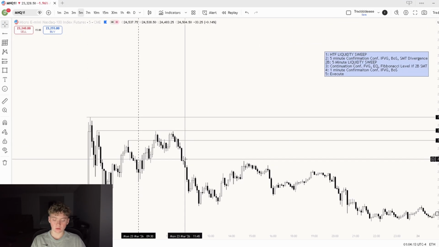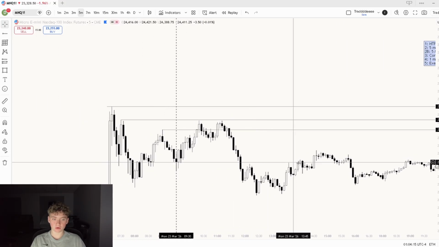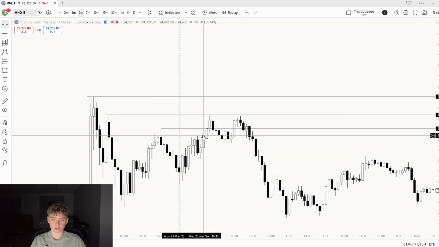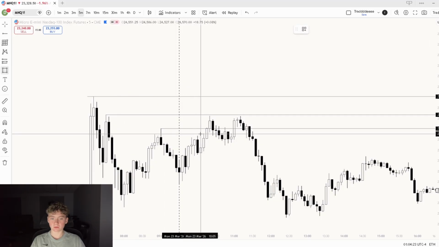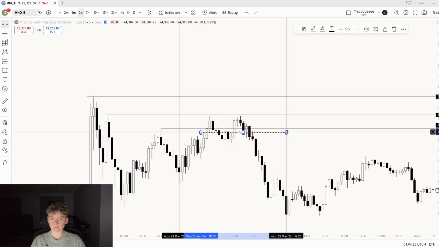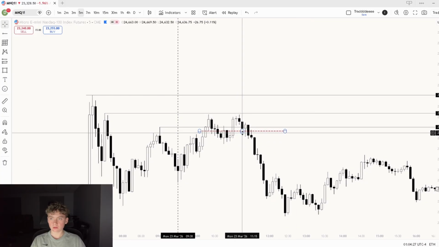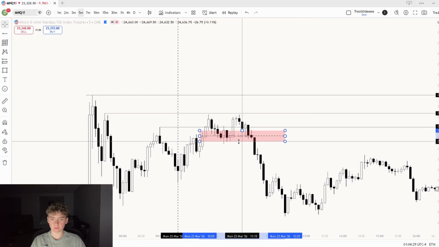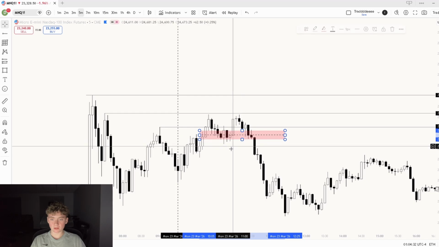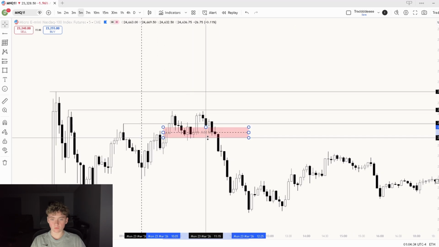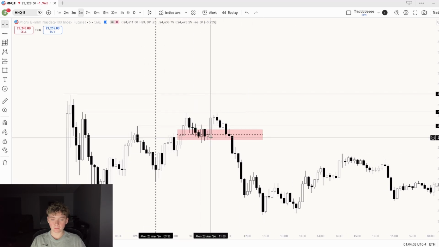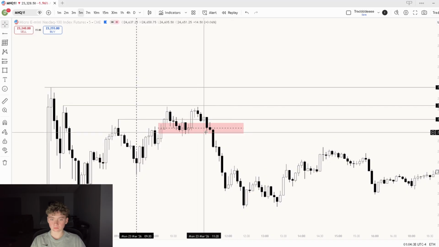And then that checks off step 1. Step 2, we inverse that gap right there. It's a pretty small gap. I would actually wait for, yeah, I'd wait for this gap to inverse, which we end up getting right there.